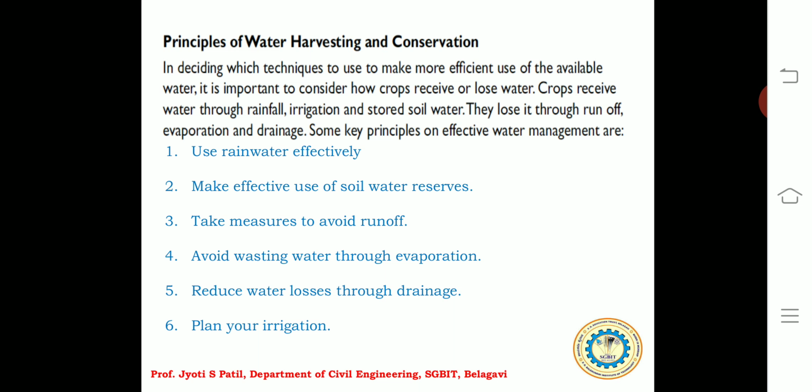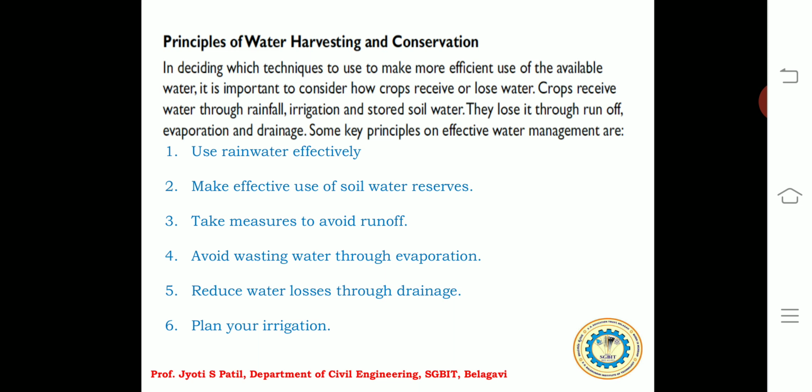Most drainage occurs during the heavy rains, especially if the soil is left bare. Growing a cash or cover crop during this period reduces the losses, as the roots lift the water and nutrients back from deeper to the shallower soil profile. This is why we need to reduce water losses through drainage.